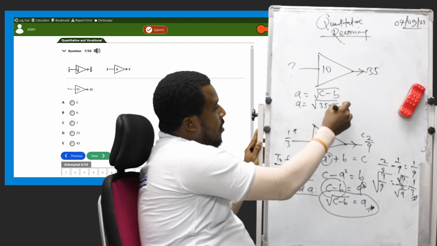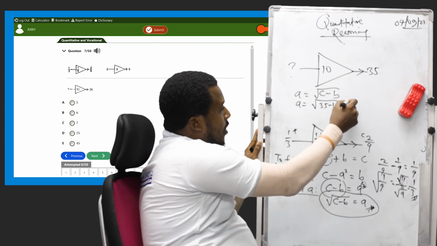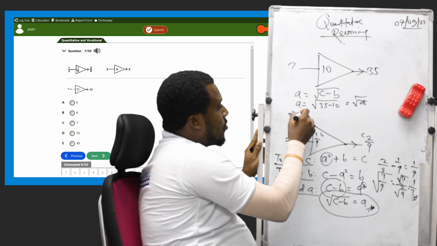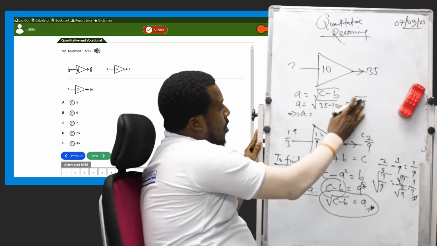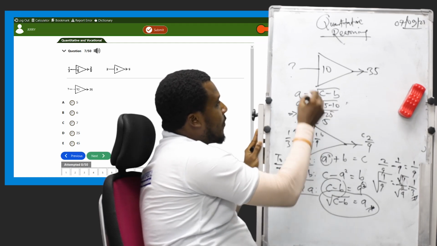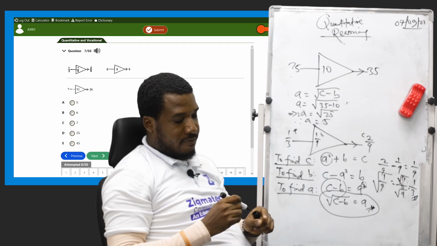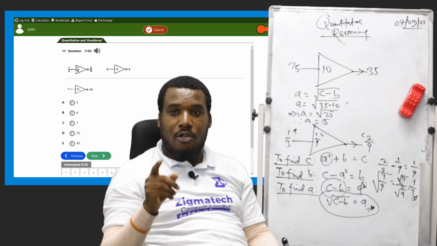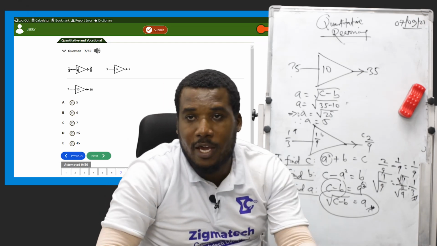B is 10, which gives us the square root of 25. A is equal to the square root of 25. Therefore, A is equal to 5. Your answer here is 5. And in that question, your answer is option A. Option A is your answer.